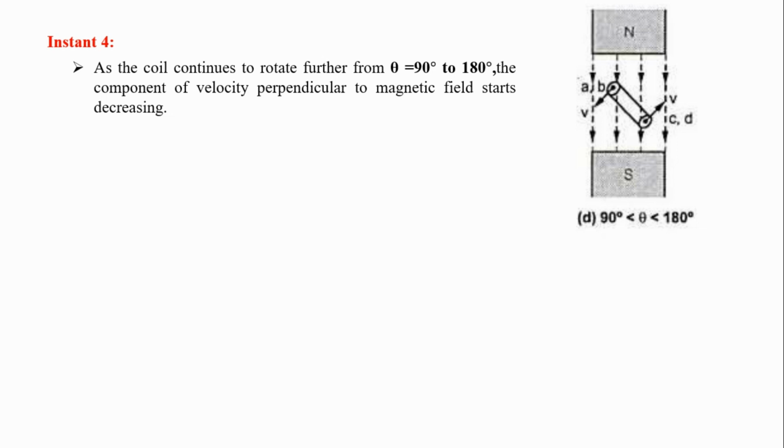That is, we get maximum EMF at theta equal to 90 degree and 0 EMF at theta equal to 0 degree, so minimum value to maximum value. Now the EMF is gradually decreasing.